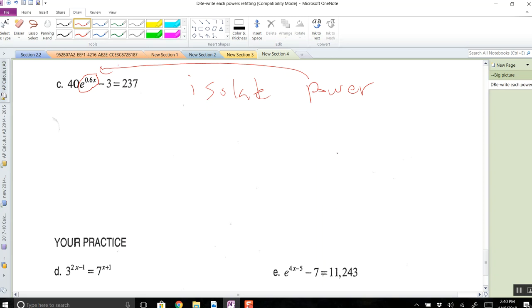Add 3, and then before you log, divide by 40. So that's just pretty basic algebra steps, right? Just the way you would isolate any variable, you do the same thing.